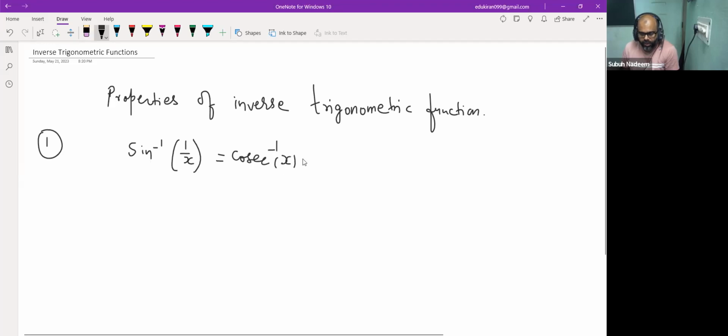And the condition here is mod of x is greater than or equal to 1, or you can say that x belongs to minus infinity comma minus 1 union 1 comma infinity.